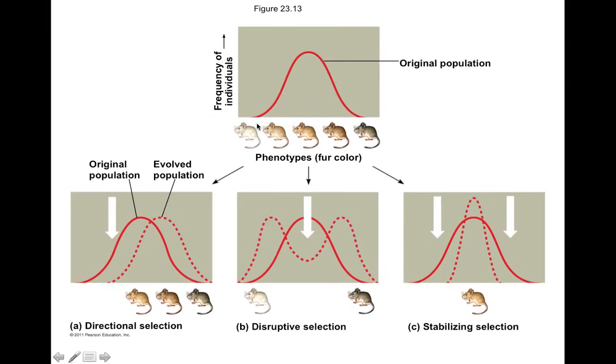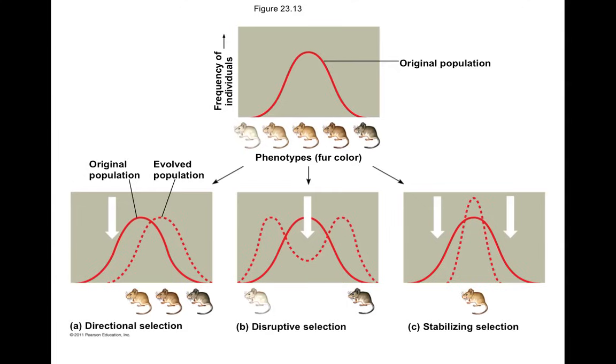Okay, so let's say we've got a population of mice, and they vary in a particular phenotypic character, which is coat color. So they vary from kind of whitish gray to more melanistic, dark brown, black, and everything in between, different shades of brown and tan. Now, in directional selection, we could say, what if there was some influence on the population that suddenly being a particular color morph was more selective?